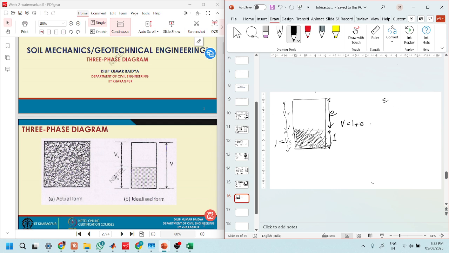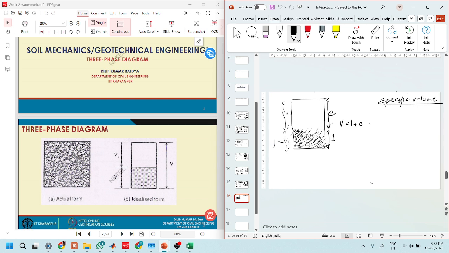For specific volume, there are standardized ways, standardized methods in which we make formulations in research.